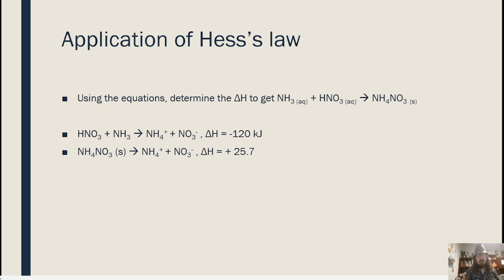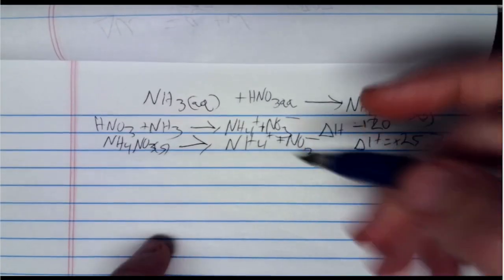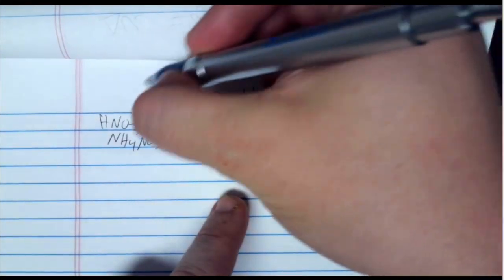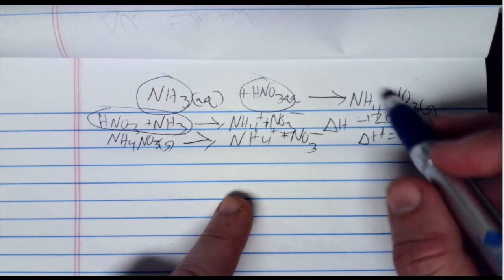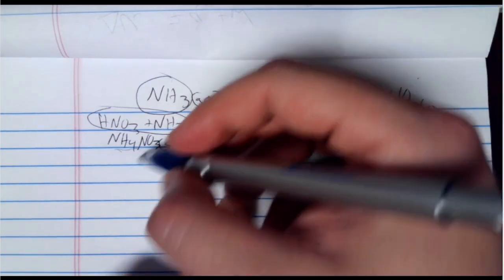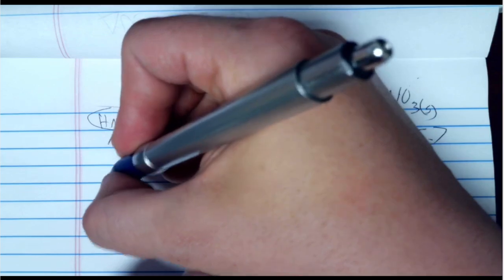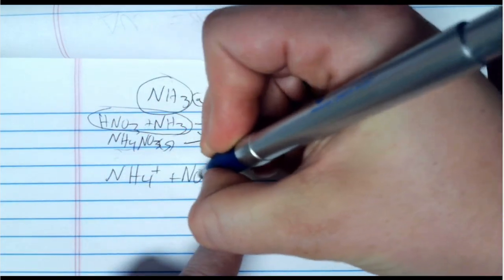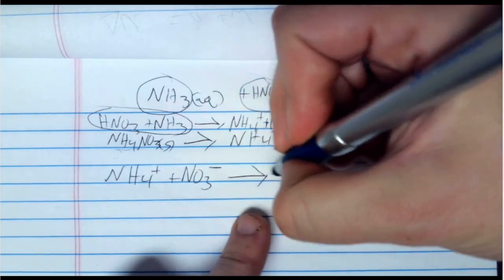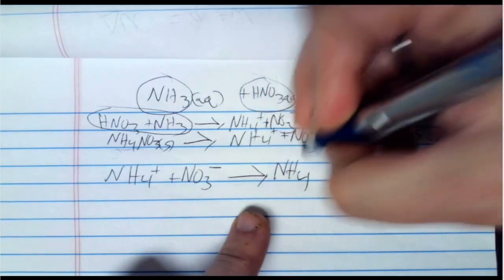Okay. For the last slide here. Okay, well, look at this. And really, all you have to do is go, well, we got this and this right here. So that one's good. But we got this here and this here. So I have to reverse this equation. NH4 plus and NO3 minus goes to NH4NO3.